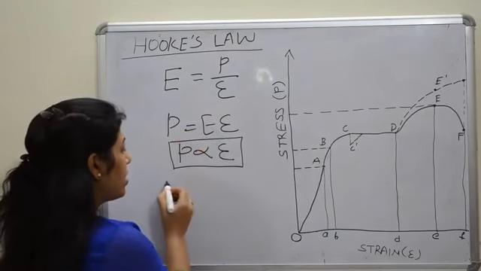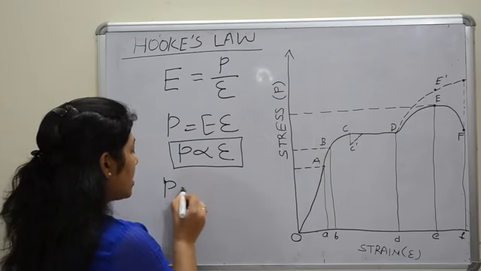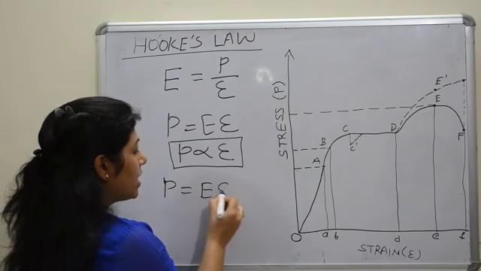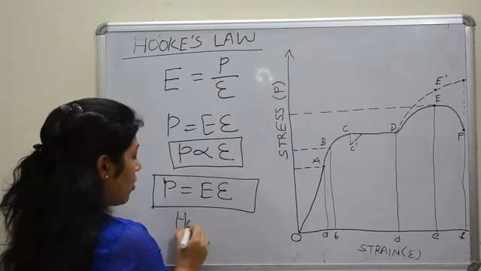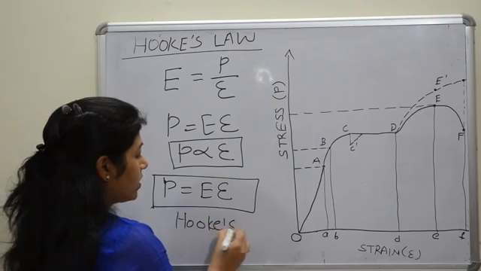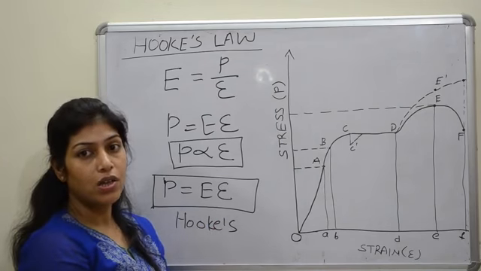So the equation stress equals E into epsilon is generally known as Hooke's law. This is known as Hooke's law.